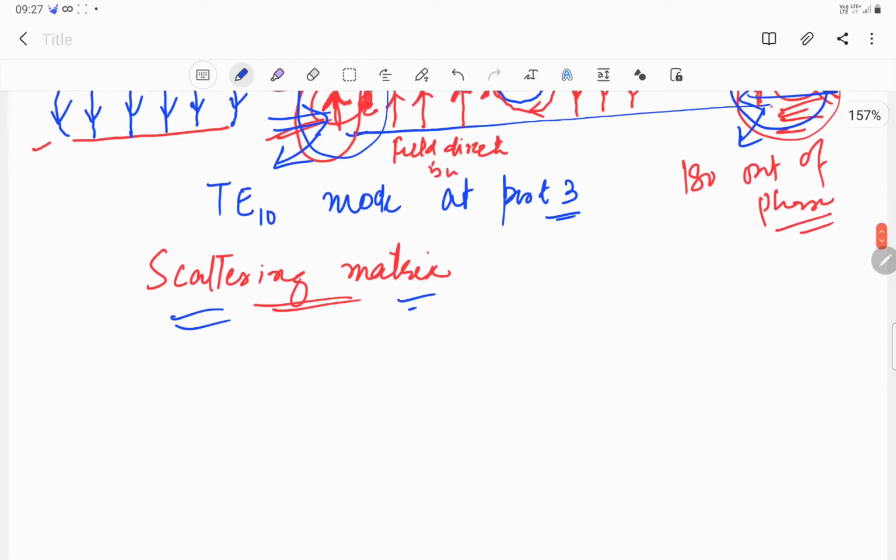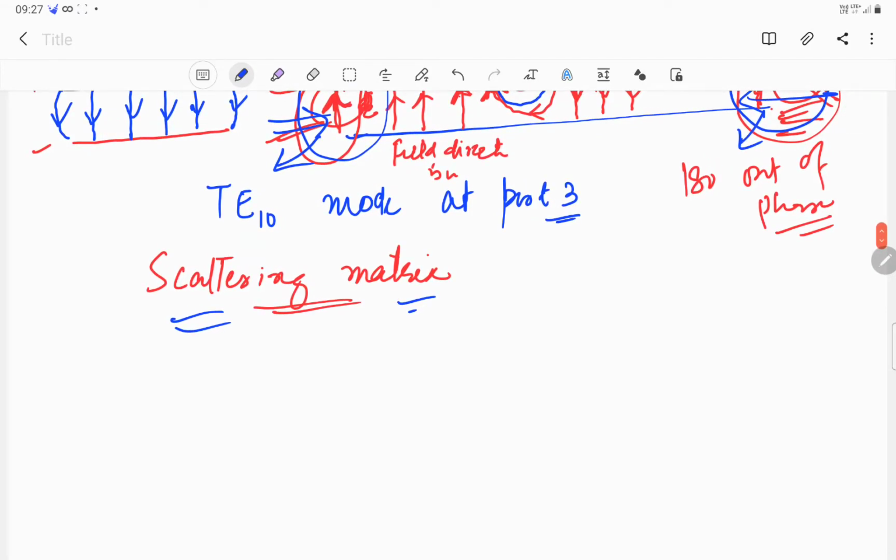Now, in order to determine the scattering matrix, we know that this is a 3-port junction. Let me zoom it. Since it is a 3-port network, naturally the scattering matrix would be a square matrix of order 3 cross 3.